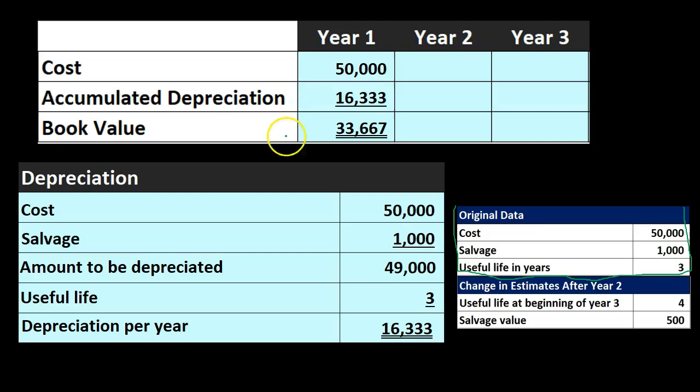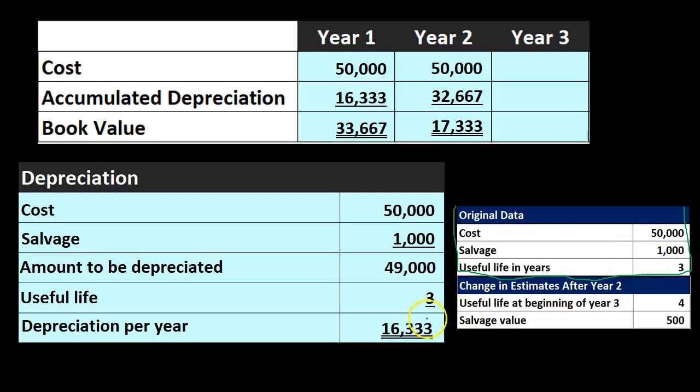For year 2, we would still have a cost of 50,000, and the accumulated depreciation now would be the 16,333 from the prior year plus the current year's 16,333, or 32,667. Then 50,000 minus 32,667 would give us 17,333. Now we would do this for another year, and under the normal method, we would get down to a salvage value of 1,000, the useful life having been completed, and we would have fully depreciated.